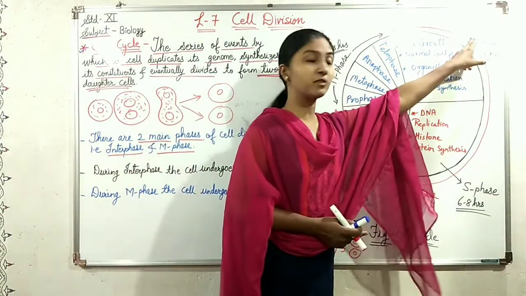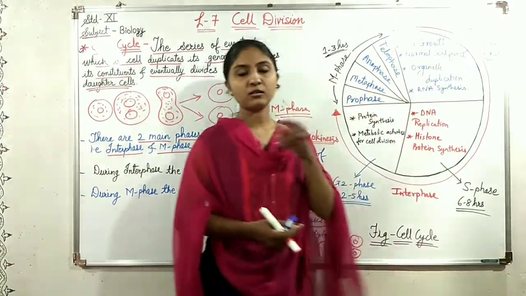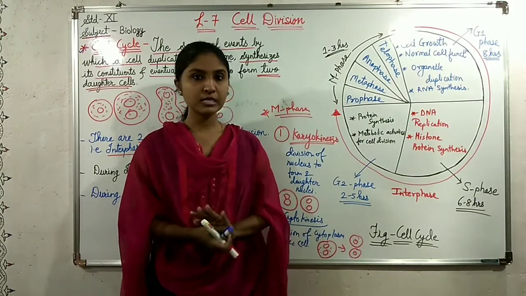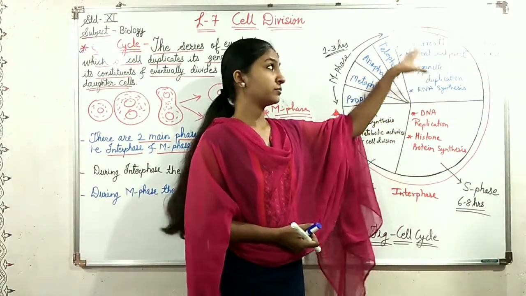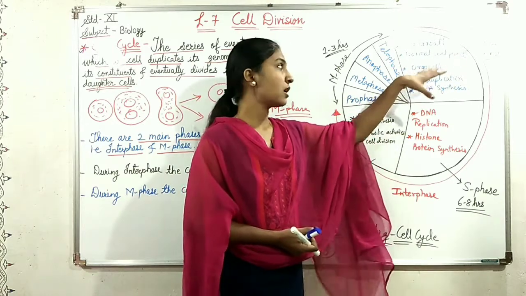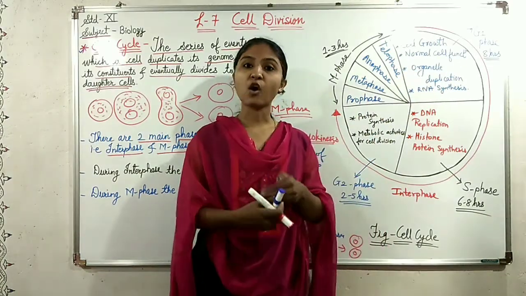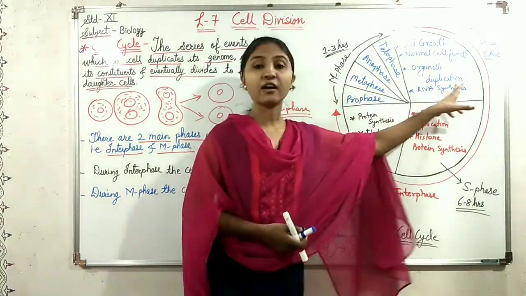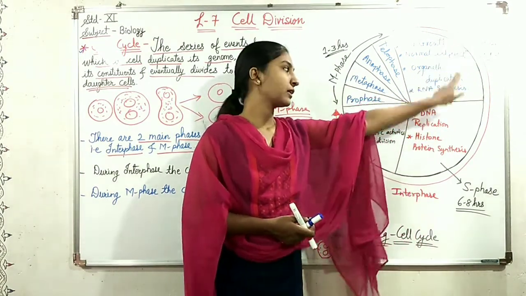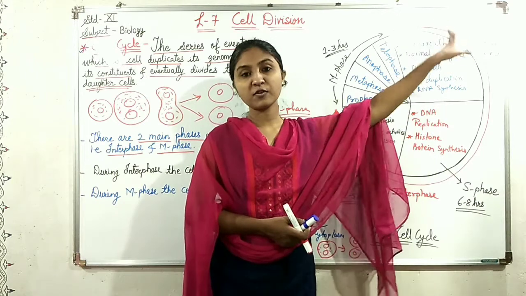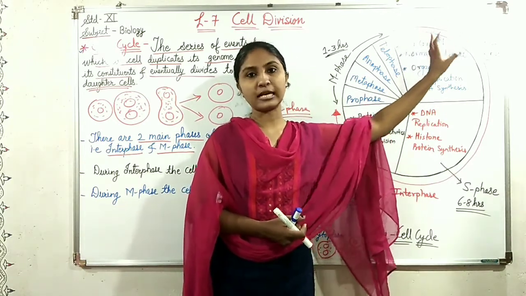First is the G1 phase, the first growth period of the cell. In this, cell growth takes place, normal cell function occurs, duplication of organelles takes place, and RNA is also synthesized. That's why it is called the first growth period of the cell.